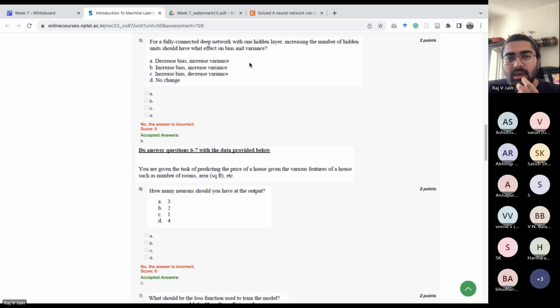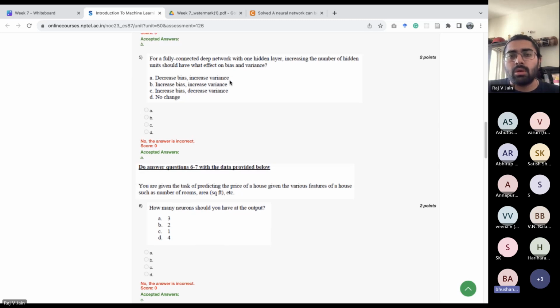Decrease bias. We're increasing the number of hidden units, which means increasing the number of neurons in one layer. Even if you increase the number of layers or the number of neurons in a layer, the chances are it is obviously going to decrease the bias.